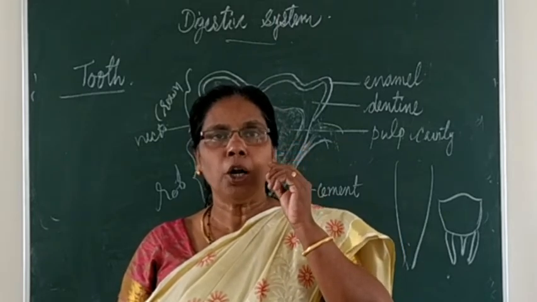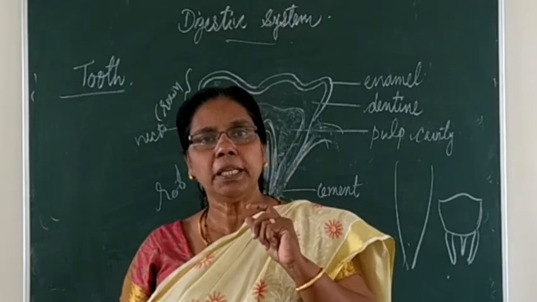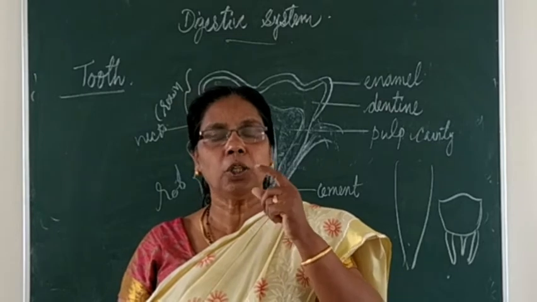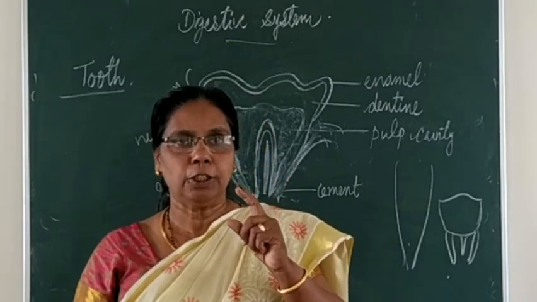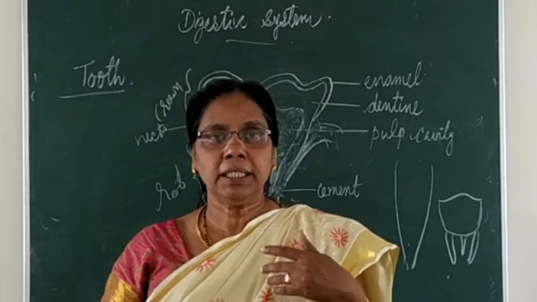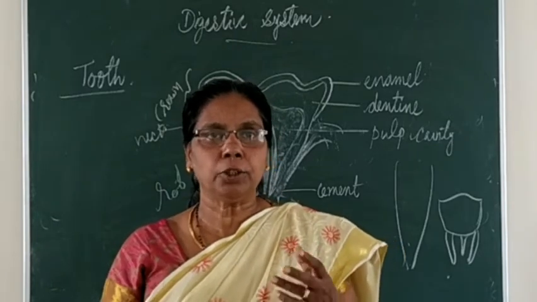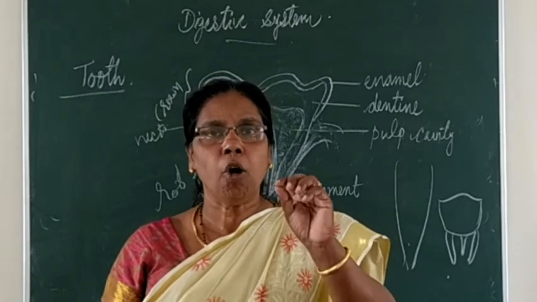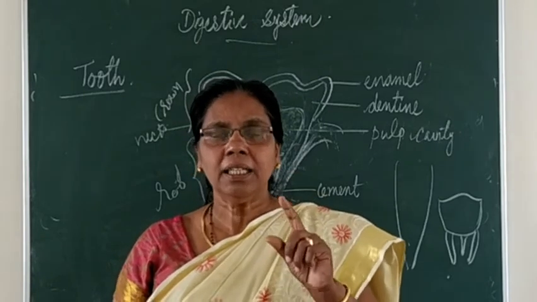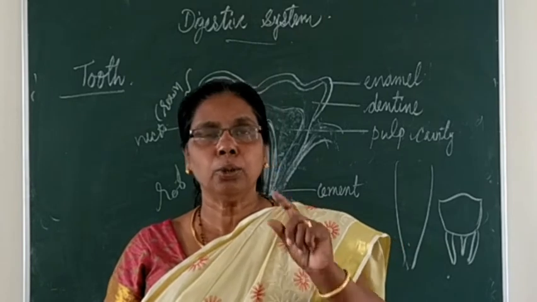a very small quantity of saliva is secreted into the mouth, which keeps your mouth always wet. Otherwise you can see that the mouth would be very dry. So these three glands, in smaller quantity, always secrete this saliva through a duct.